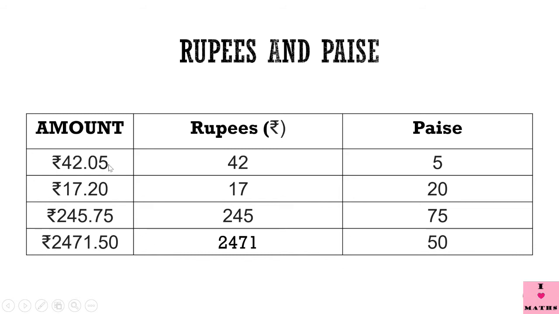So children, this is the way to write the amount of different objects, the cost of different objects. This is how we write. Before the point, we write the rupees, and after the point, we write paisa. Okay.